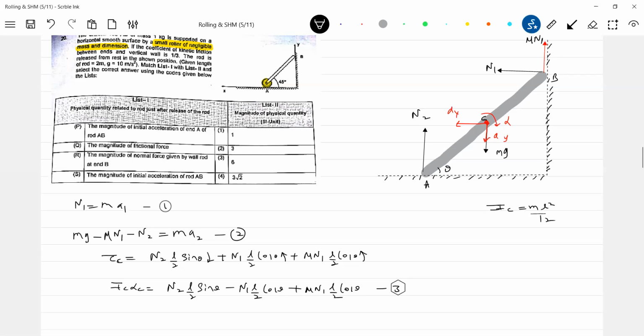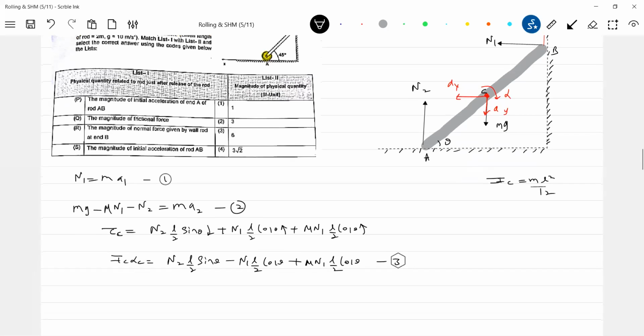Okay, now, but still so many things are there, no? I think I can simplify this. We'll end up with the equation N2 L by 2 by root 2, N1 L by 2 root 2, anti-clockwise negative mu N1 L by 2 root 2. Let me call this equation 3.